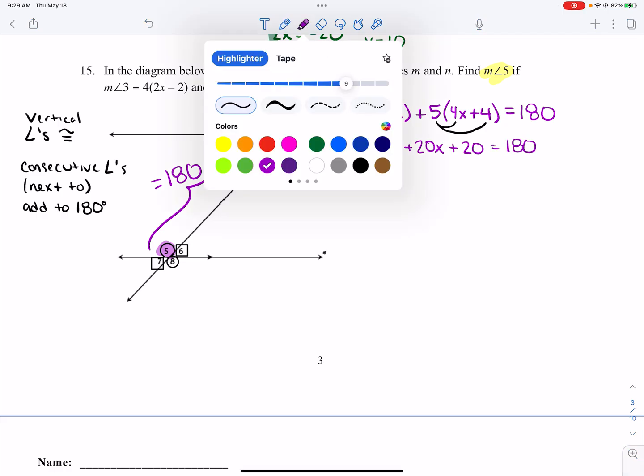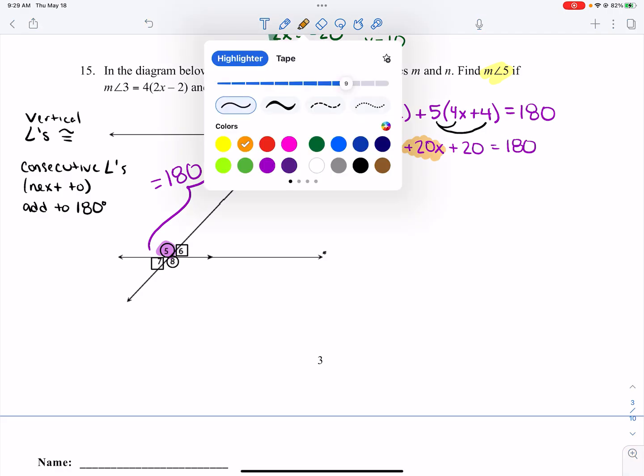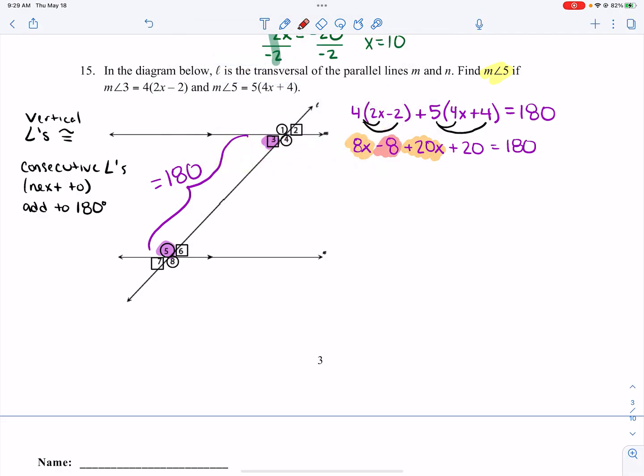Again, I'm going to combine my like terms. So 8x plus 20x, and then negative 8 plus 20. 8x plus 20x, I have 28x. Negative 8 plus 20, I have a positive 12. Bring down my 180. I've got to solve for x, so I'm going to do my opposite operations.